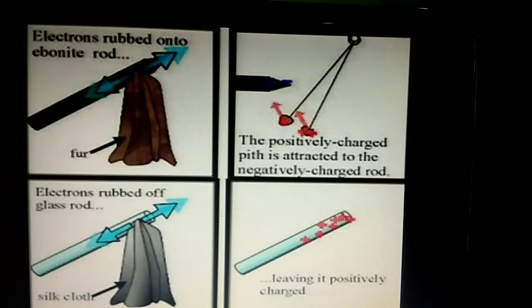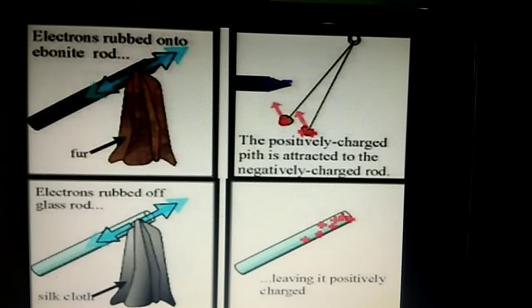The process of transfer of electrons from one object to another is known as electrification. The object which loses electrons is considered positively charged, and the one which gains the electrons is negatively charged.